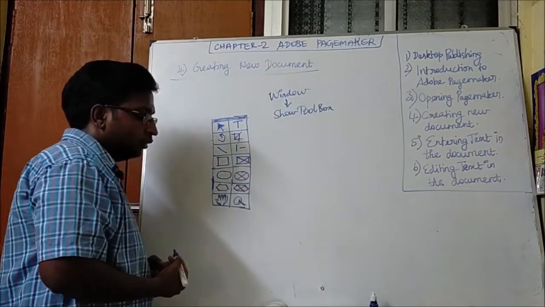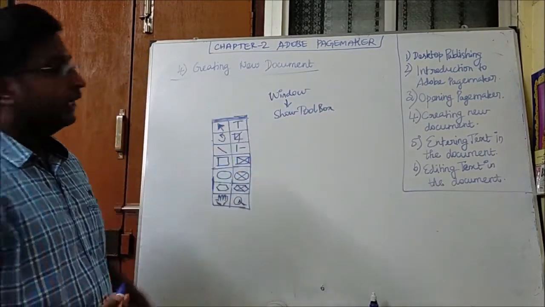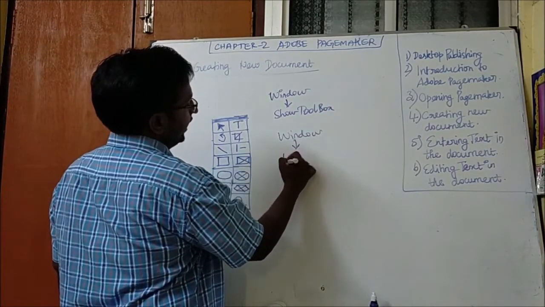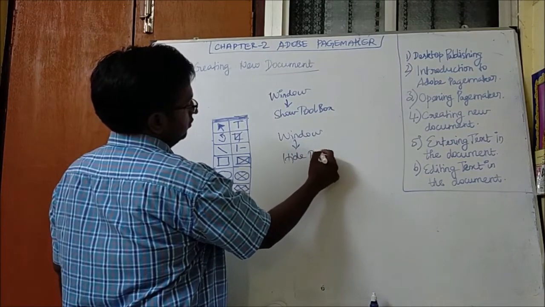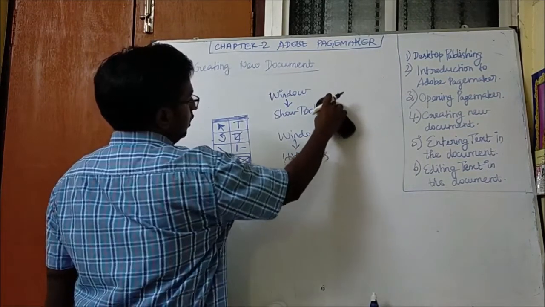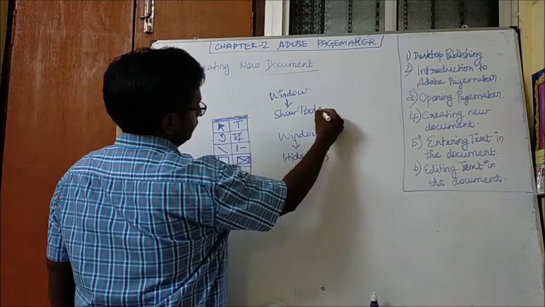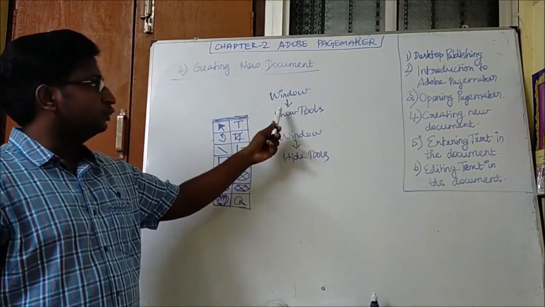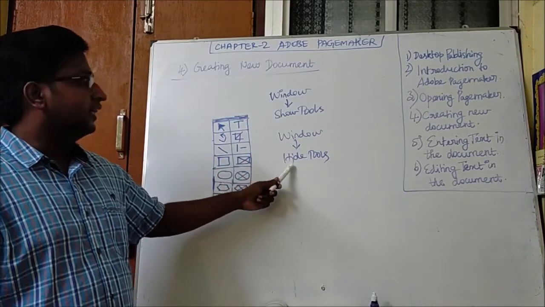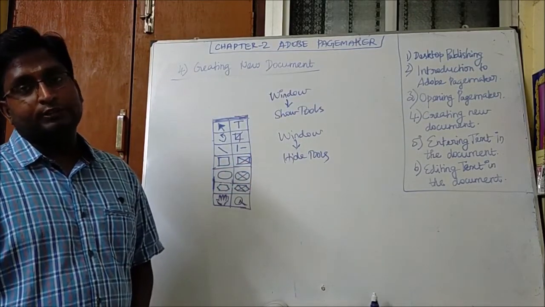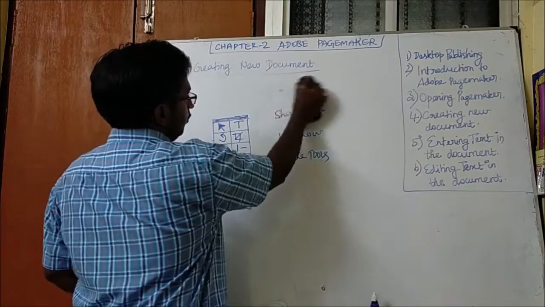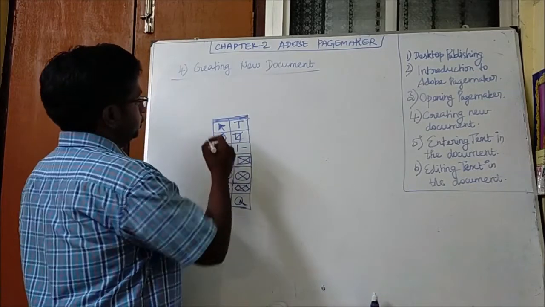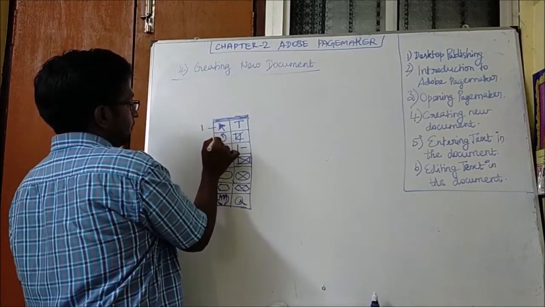If you want to hide it, we can hide it with the same option, Hide Tools. Not toolbox, it is tools. So these are the two options. We can show the tools, and we can also hide the toolbox. So let us see one by one what all the tools available are. The first one, I number it here.